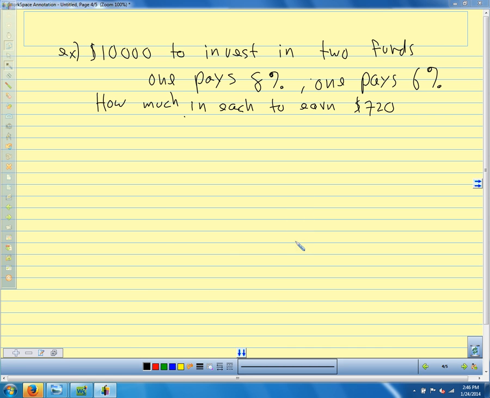So we need to set this up. Let's say that X is our amount in the 8% fund, and Y is the amount in the 6% fund.